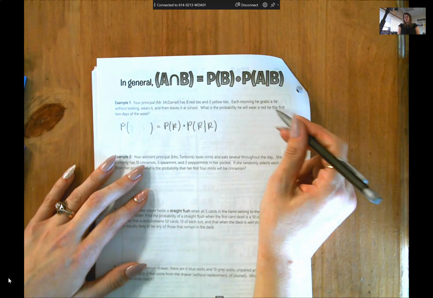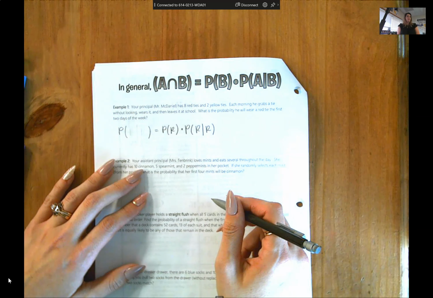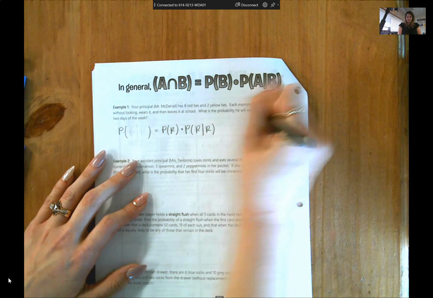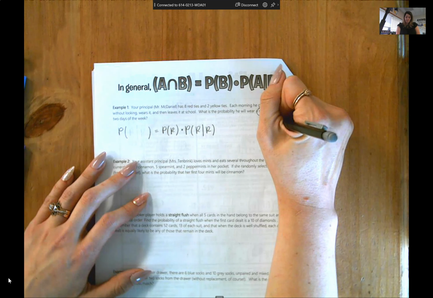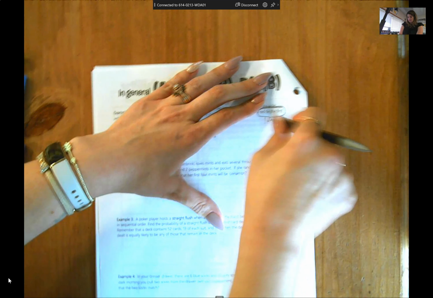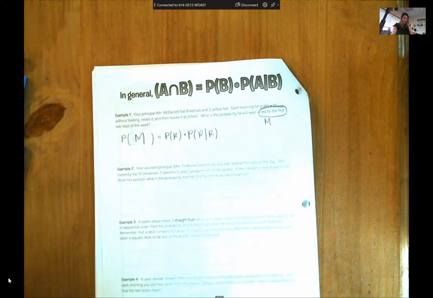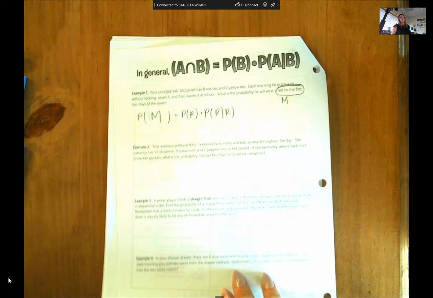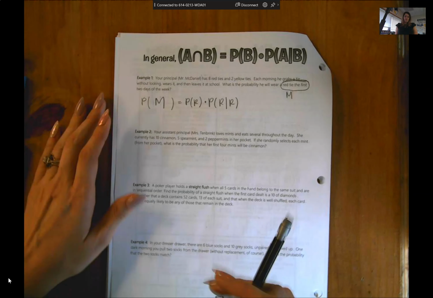I don't want to write out all this first 2 days of the week. Let's call it M for Mr. McDaniel. I'm calling this event M now. So really we're finding the probability that Mr. McDaniel wears a red tie on the first 2 days. That's the event, M. Okay, please don't murder me.